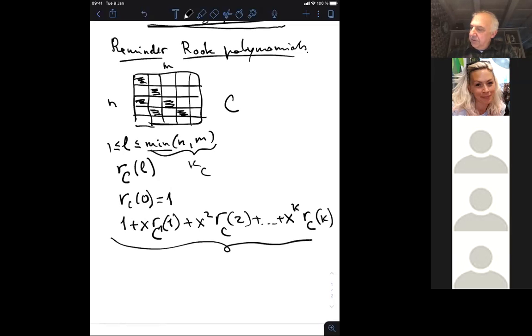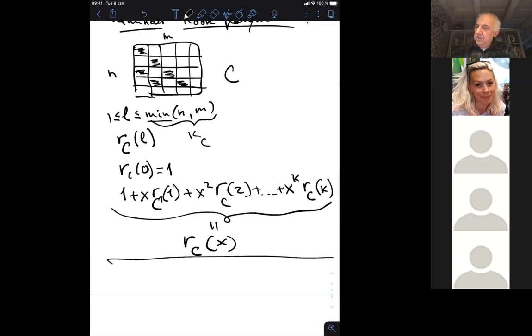So this is called the rook polynomial of a chessboard, R with index C of the variable x. So we associate to every chessboard a certain polynomial in one variable x.